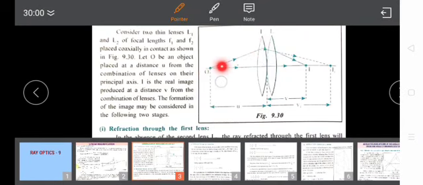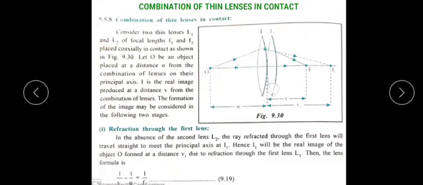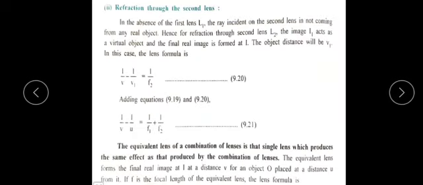But in the second case, only L2 is present, so the ray is not directly coming from the object. Hence, I1 is considered as a virtual object.